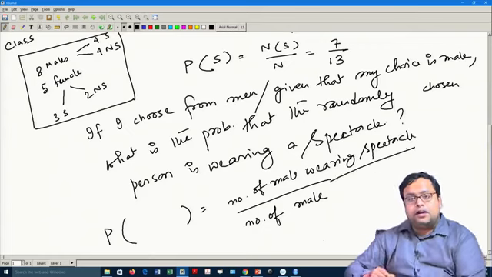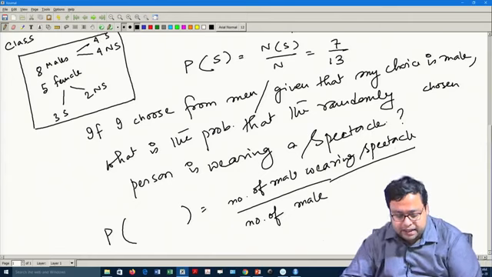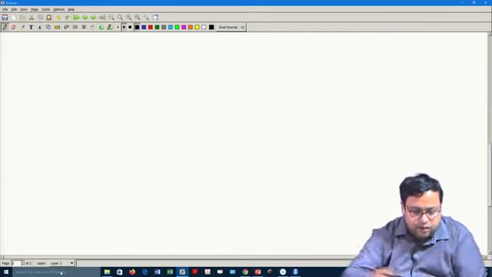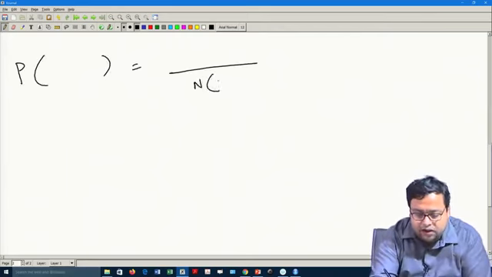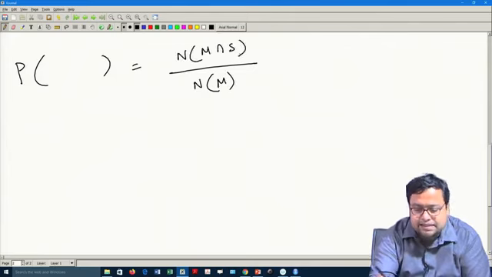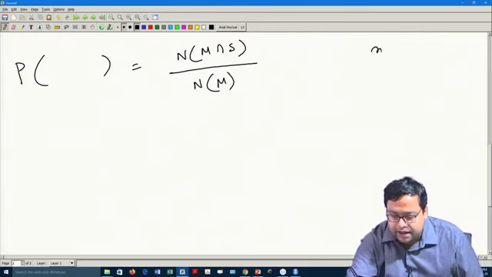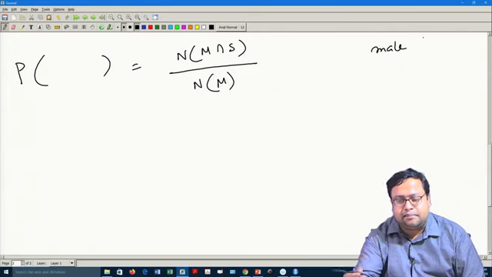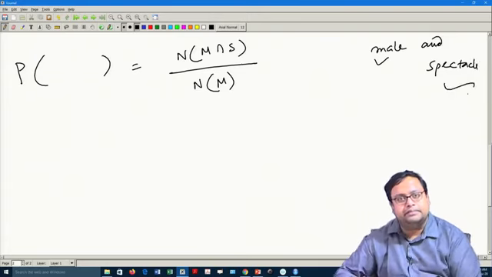That is what we are trying to find out. In mathematical terms, the probability is basically n of m and s divided by n of m. What is 'and'? 'And' means both things are happening: the person is male, and he is wearing spectacles.